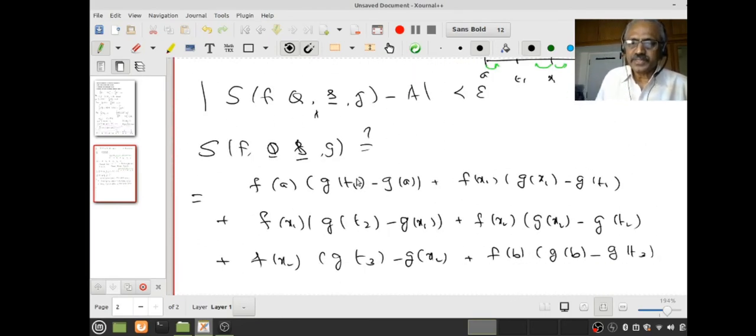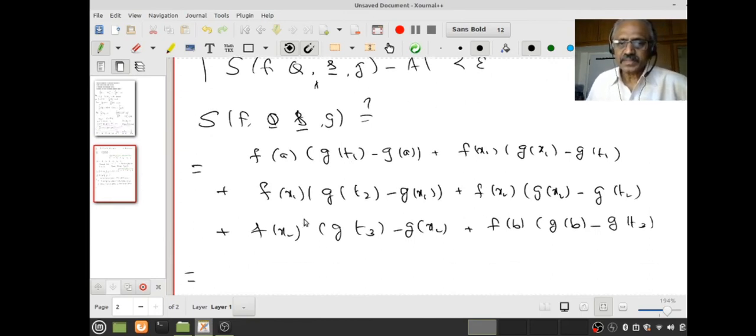So you have g of t1, right? Let's look at those terms. G of t1 is here, g of t1 is here. So what do I have? G of t1 into, this is f of a and this is f of x1, which is smaller.